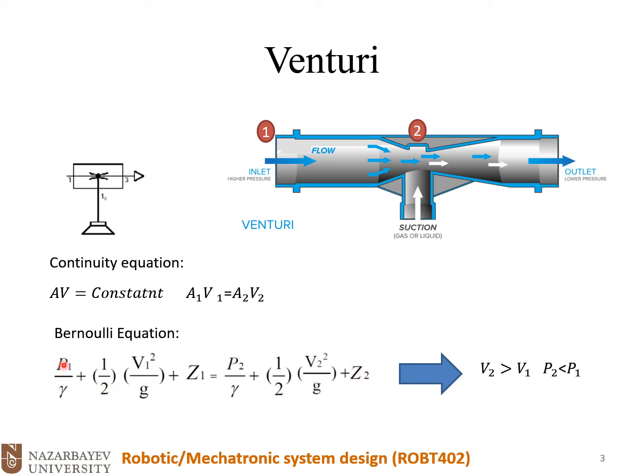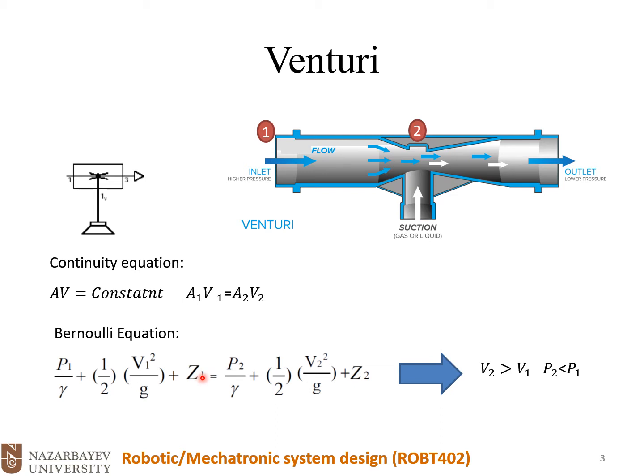P is pressure, and gamma is the specific weight of air. This one is a potential energy. V is velocity and G is acceleration of gravity, and this term is the kinetic energy.